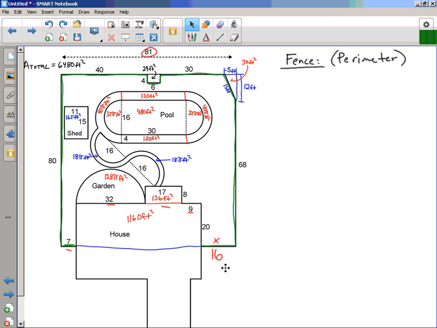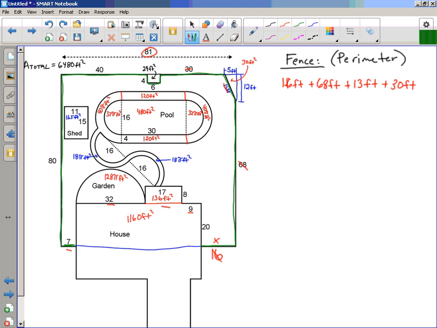Okay. So, let's see. We've got 16 feet here. If I'm doing the perimeter, I'm going to say that's 16 feet. Plus, we've got the next, so that takes out this one. The next section is 68 feet. Plus, the next section there was 13 feet. Plus, the next section, which was 30 feet.